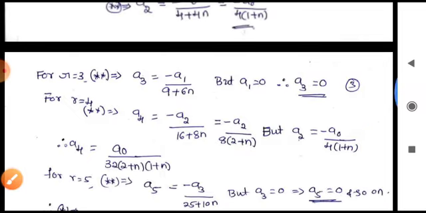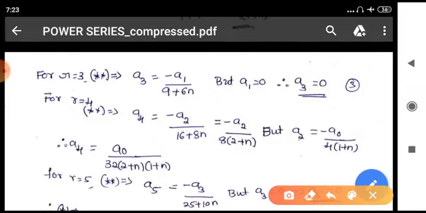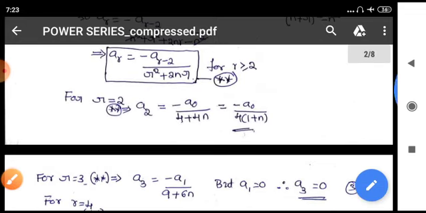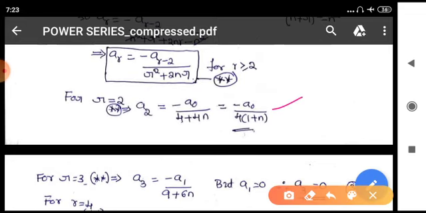Now for r equal to 4 in equation double star, we get a4 equal to minus a2 divided by 16 plus 8n, that is minus a2 divided by 8 is common, then it is 2 plus n. But what is a2? a2 is minus a naught divided by 4 times 1 plus n.